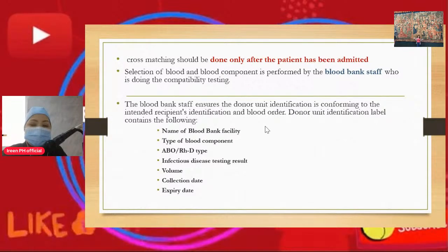The donor unit identification label contains the following: name of blood bank facility, type of blood component, ABO/Rh type, infectious disease testing result, volume, collection date, and expiry date.